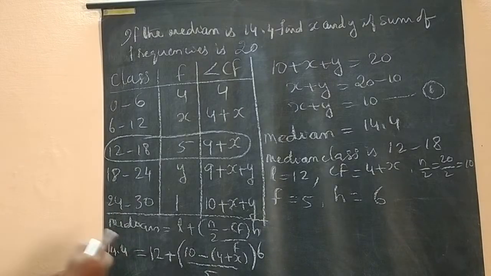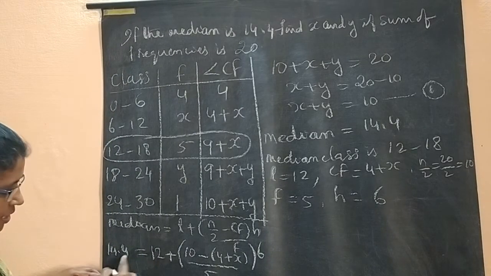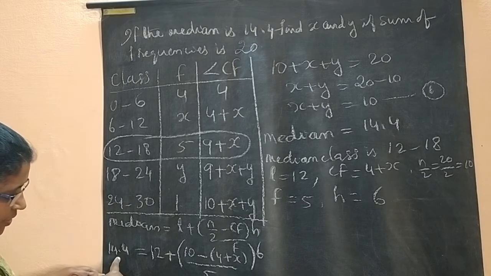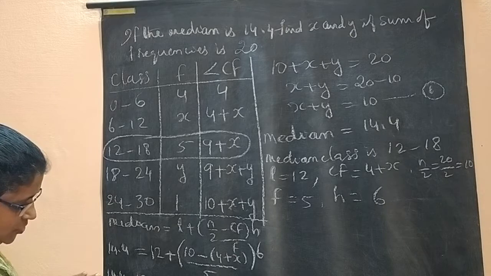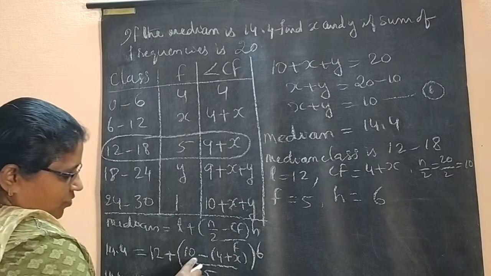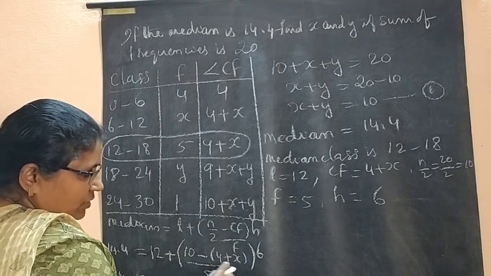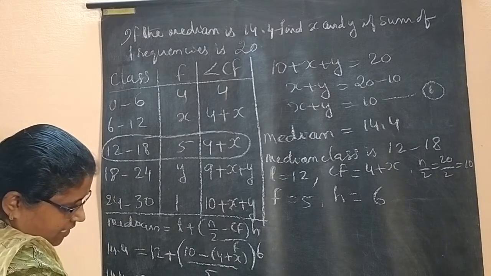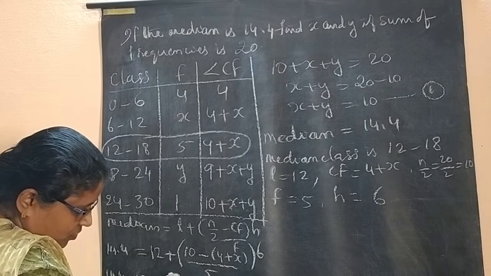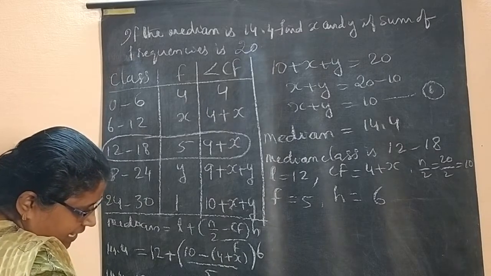Okay. So next step is take this 12 to the left side. 14.4 minus 12 is equal to this one, then you put a bracket, so open bracket, 10 minus 4 minus x, then 6 divided by 5.